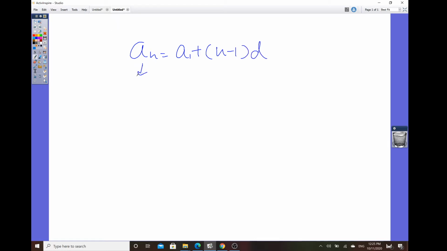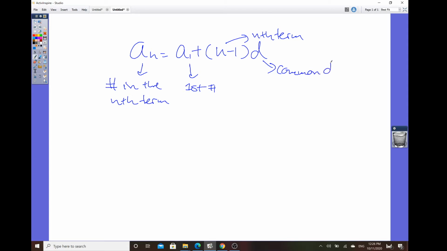A sub n is the number in the n term, a sub 1 is the first number of the sequence, n shows the n term, and d means the common difference. This is called the arithmetic sequence formula.